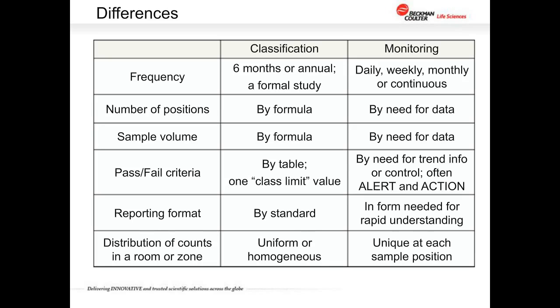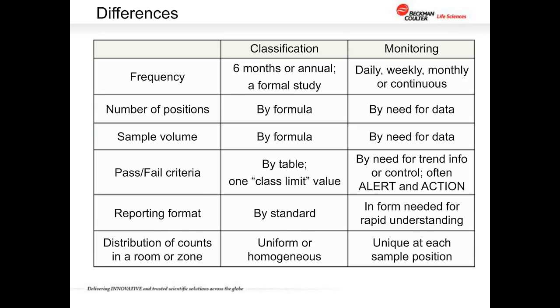And there are often controls set up that are based on commonly called alert and action levels. There's a couple of levels, and they're often either much lower than the classification used for the room, or in some cases even higher than that. So they're unique and not necessarily related to the class limit value set up in the classification. Generally the report form takes something like a quick graph or other summary, so it's a matter of understanding quickly what that particular area is at for concentration, and that it meets the current need.